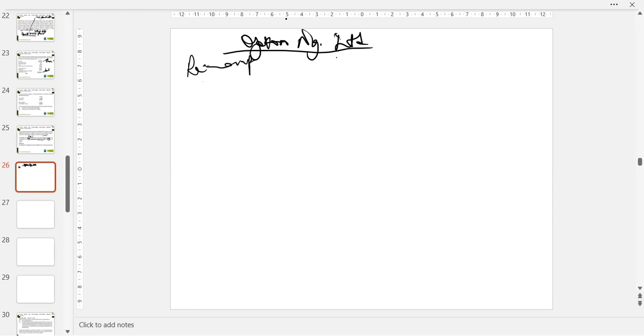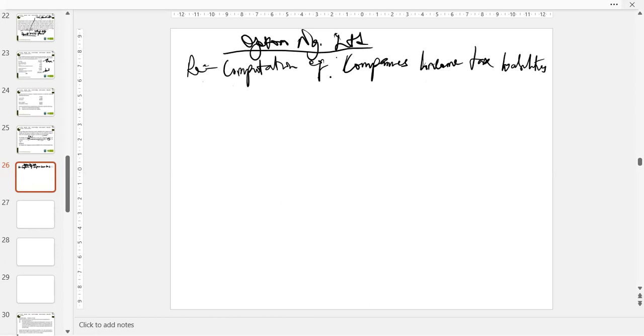Recomputation of companies' income tax liability. So don't forget that we are computing based on turnover.